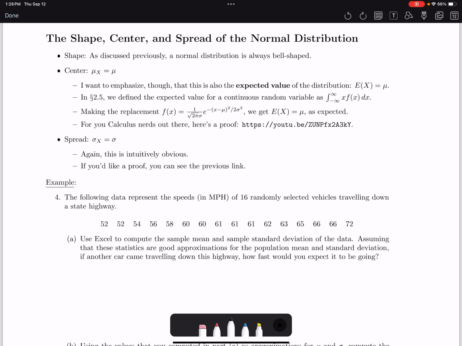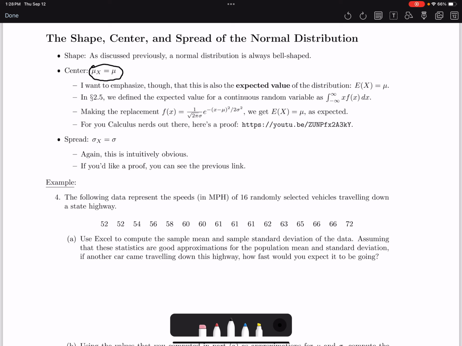The center of the distribution, so mu sub x, is just going to be the mean of the distribution. Mu sub x equals mu. That's pretty obvious, right? Let me just emphasize that this is also the expected value of the distribution, right? So if x is a normal variable, then E of x is mu.